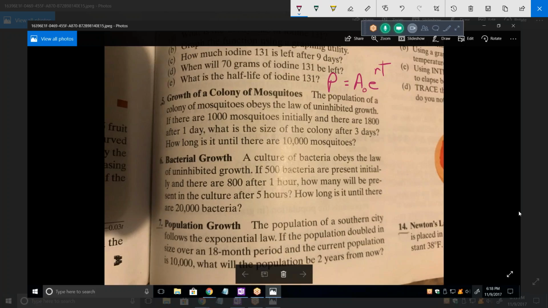So there's 1,000 originally, so it'd be 1,000 e to the power of RT. And they give you a little bit more information. If 1,000 and there are 1,800 after one day, what does that tell us the growth rate is?